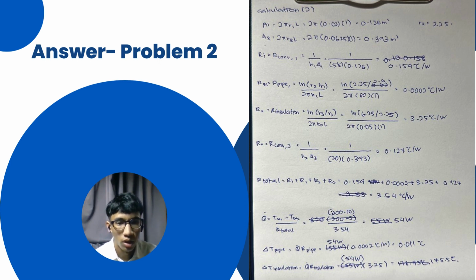For R total, same formula: Ri plus R1 plus R2 plus Ro. For Q dot, temperature infinity minus temperature, divided by R total. For the temperature difference of the pipe, we use Q dot times R pipe, and for the insulation, Q dot times R insulation. And that's all.